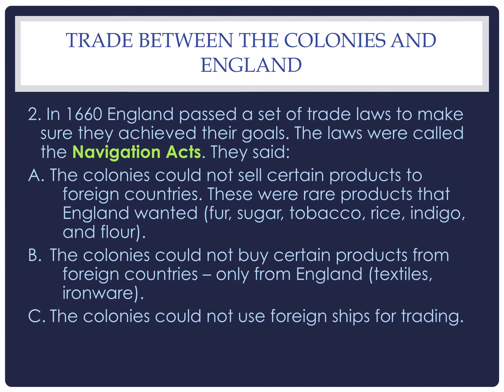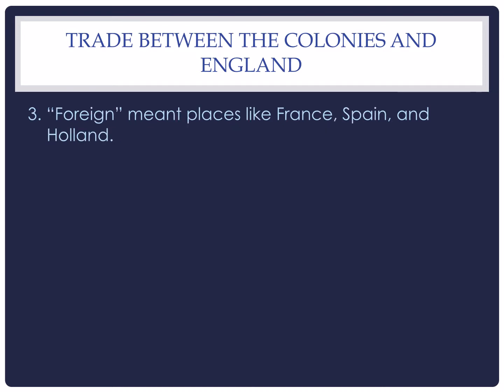You were only allowed to use English ships. Well, what does foreign mean? Foreign particularly meant places like France, Spain, and Holland, who were England's competition, their biggest competition for colonial markets, for buying and selling goods and making money.